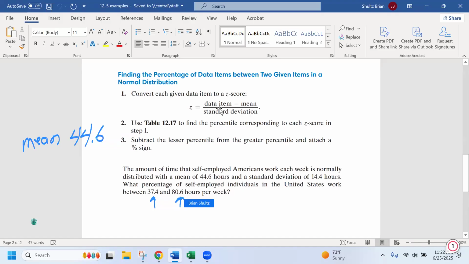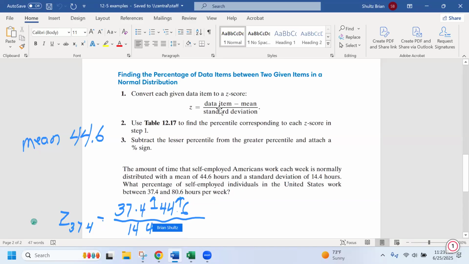I need to find the z-score for those two. So z of 37.4 equals 37.4 minus 44.6, divided by the standard deviation of 14.4.